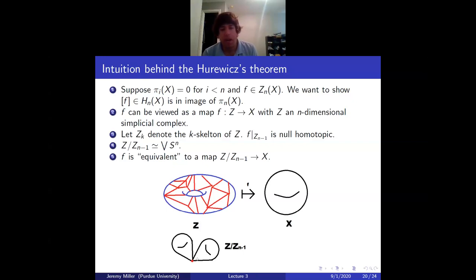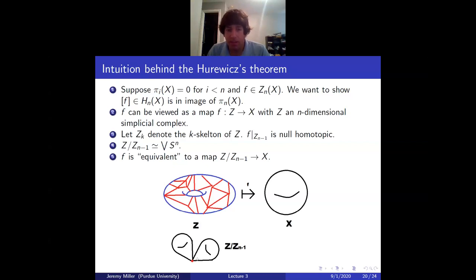What's a class that might not be in the image of Hurewicz? Well, if you can map a torus into a space, then you can look at where the top homology of the torus goes in H2 of X. There's no reason for that homology class to be in the image of a map from a sphere into X. But if X is simply connected, you can collapse the one skeleton.